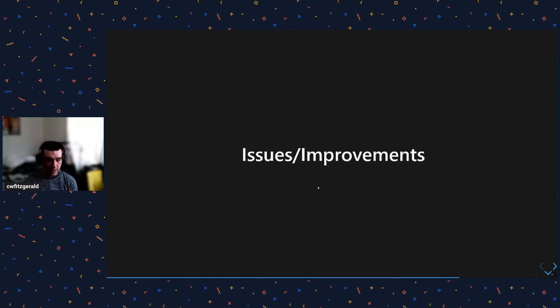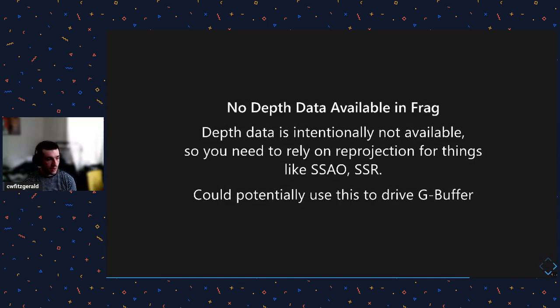So there are still a couple issues with this thing. Yeah, so your depth data is now not available in the fragment shader. Because we render the majority of the scene before we generate the high Z buffer, we aren't able to use that high Z buffer for doing things like SSAO or SSR or any kind of screen space, traverse the depth buffer kind of things.